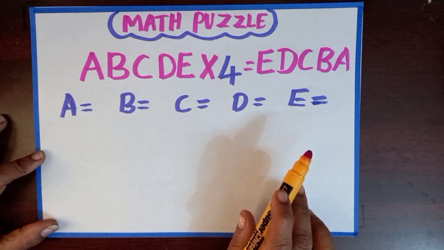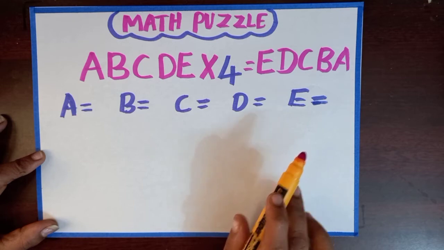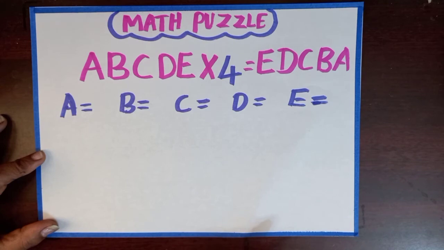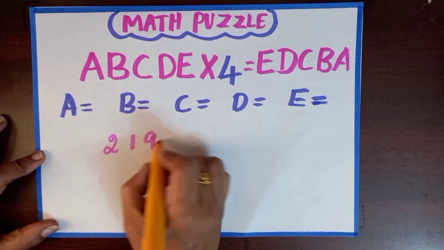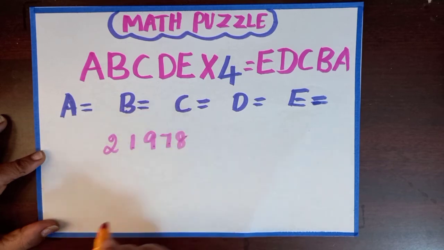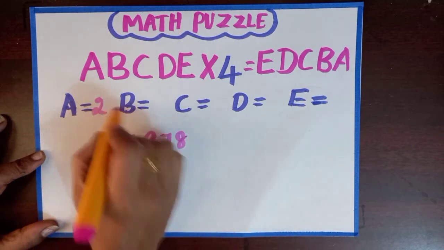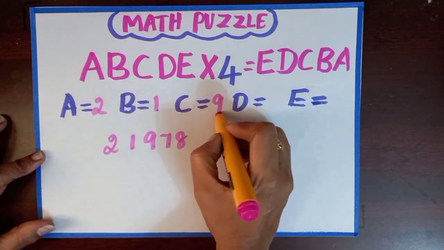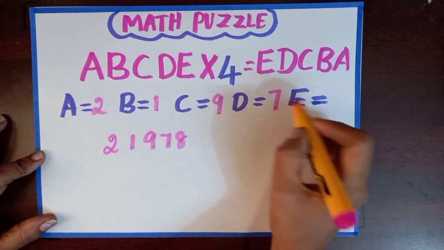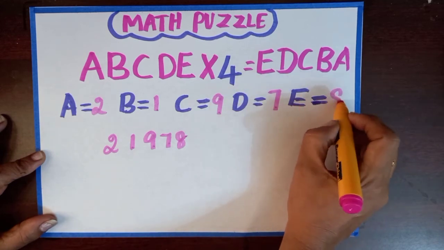Any guesses? Okay, there is a number in mathematics that when multiplied by 4, the opposite will appear. The number is 2, 1, 9, 7, 8. So A is 2, B is 1, C is 9, D is 7 and E is 8.